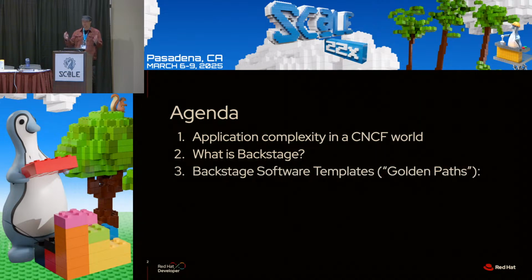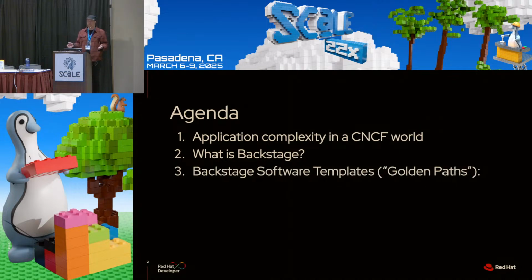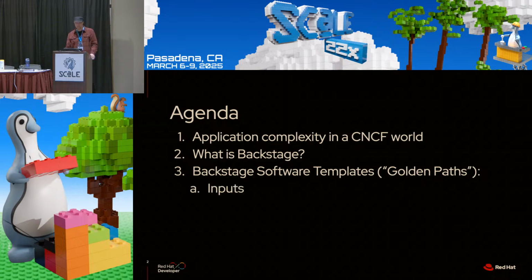And then we'll get into Backstage software templates, or as they have previously been called, Golden Path templates. I think that name Golden Path templates is falling out of fashion, but for historical reasons, I have it listed in here. And then within those software templates, we'll look at 3 specific areas.